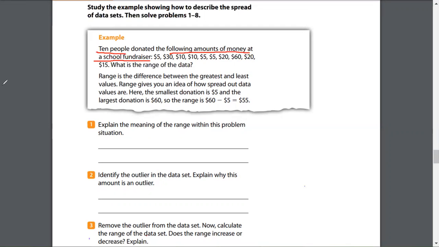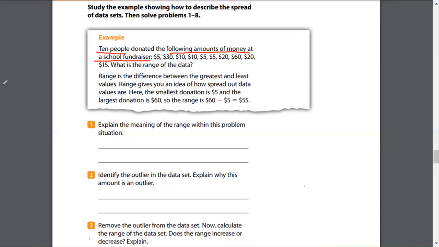Okay. I said to explain the meaning of the range within the problem, we have to use the problem to tell a story. So people donated money at a school fundraiser, and that's what I underlined because those are very important things for our little story that we're going to tell.